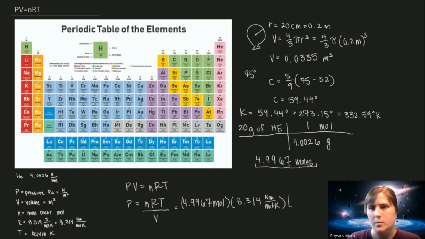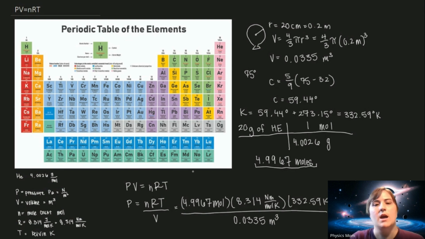The fewer numbers we have to memorize, the better. This is going to be 332.59 Kelvin, all of this divided by the volume, 0.0335 meters cubed. And let's go ahead and calculate that.